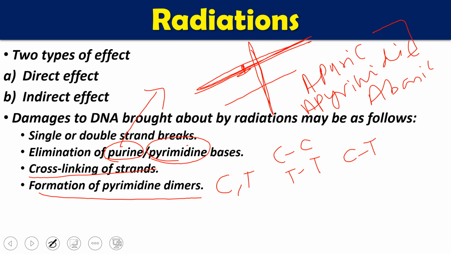These are the three types of dimers. Among them, the most prevalent is the thymine dimer, T to T. The second most prevalent is C to T, and the least prevalent is C to C. We will talk about how these dimers form some other time, when we discuss mutations. They can form a Dewar product or a cyclobutane product, or only one without cyclic formation.